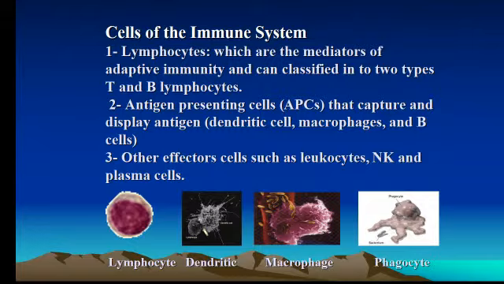The antigen-presenting cells, APCs, capture and display antigen, and are three types of cells: dendritic cells, which have been drawn, macrophages, which have been drawn, and B cells. We haven't mentioned phagocytes here, just macrophages and dendritic cells as APCs.